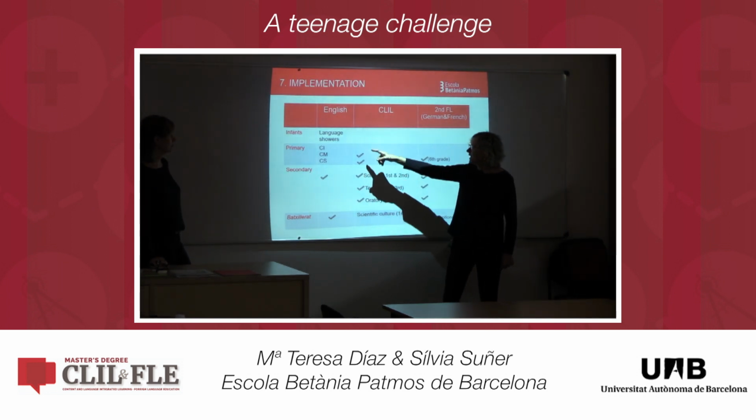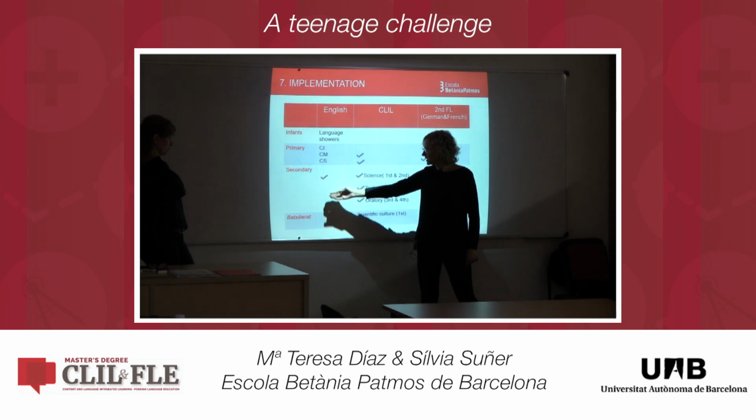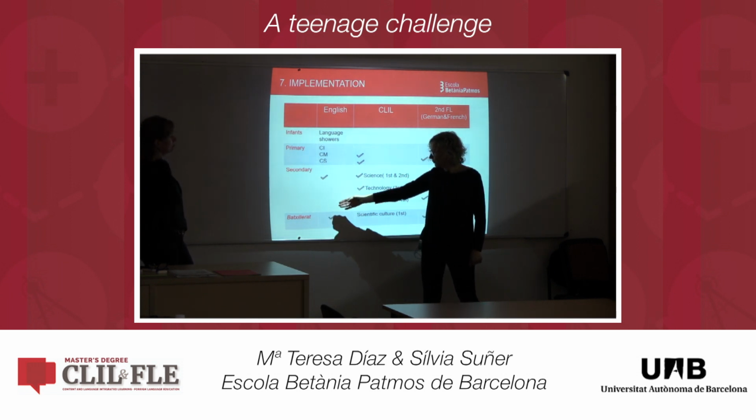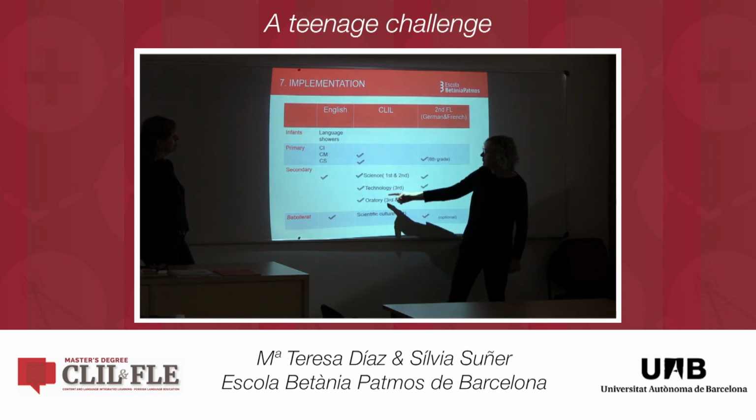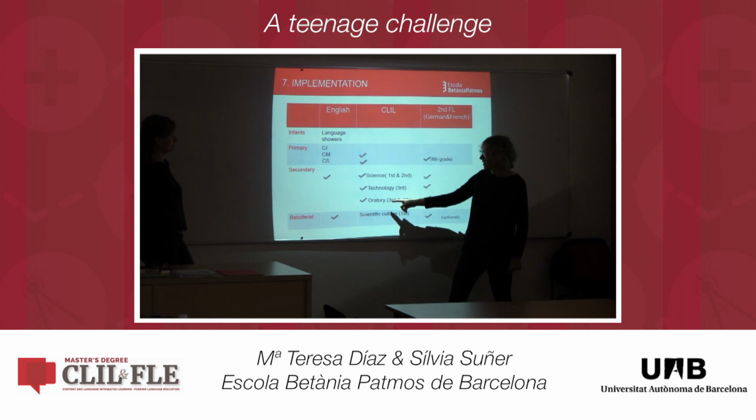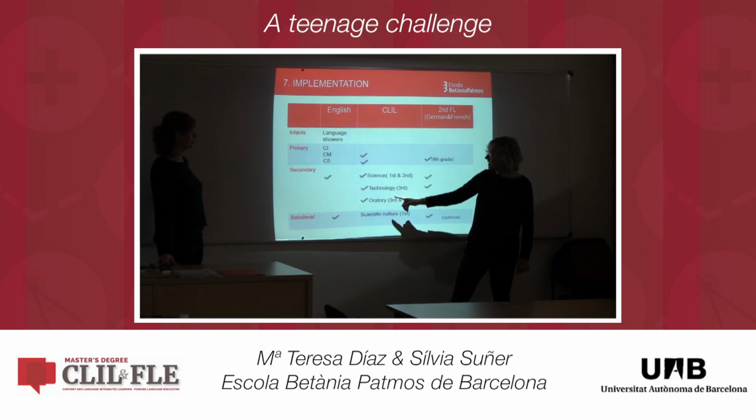And then we continue with English in secondary, where they will do about 4 hours of English per week, and we will have science in 1st and 2nd, as we said, technology in 3rd, and then oratory. We have oratory in English in 3rd and 4th of ESO.